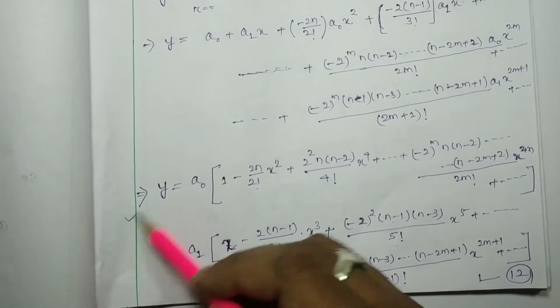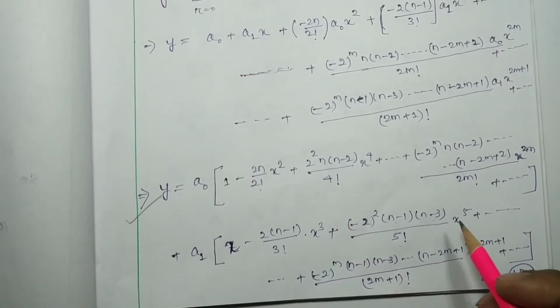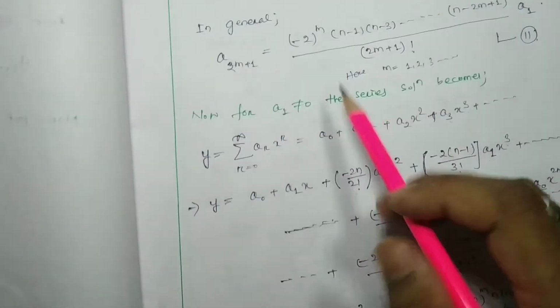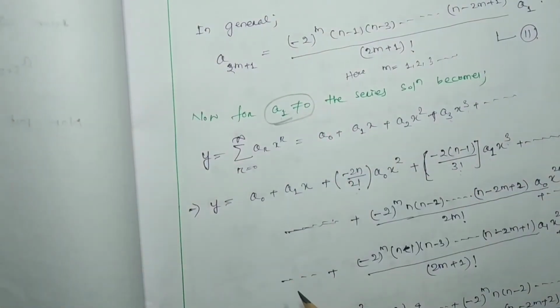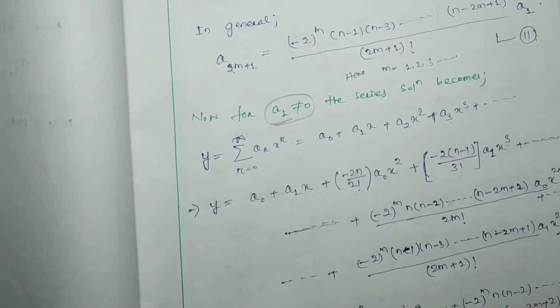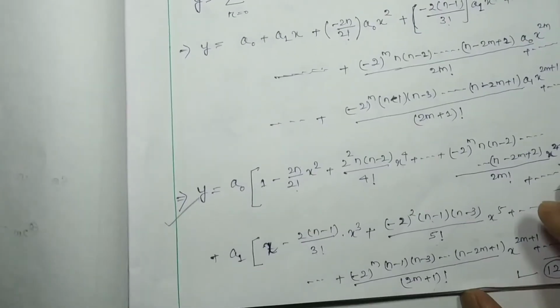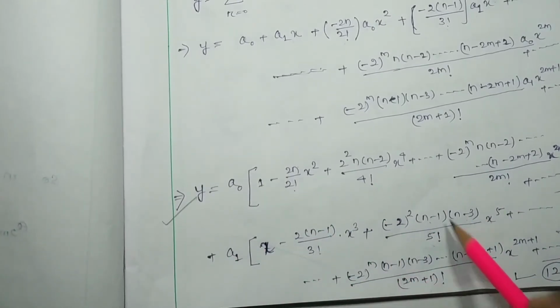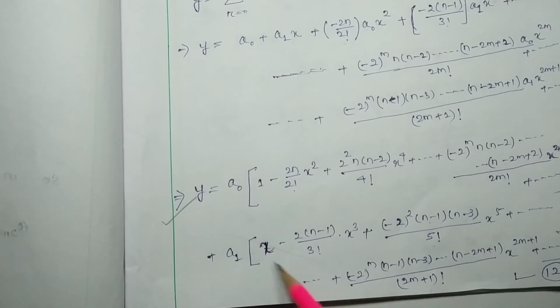So this is the general solution we found for a1 not equal to 0, right? For a1 equal to 0, what will be the solution? For a1 equal to 0, this whole thing, a1 into this whole, is going to be cancelled out, and we find only a0 into this much term.